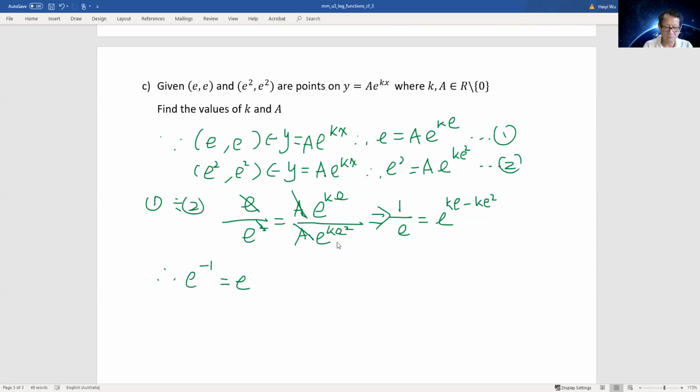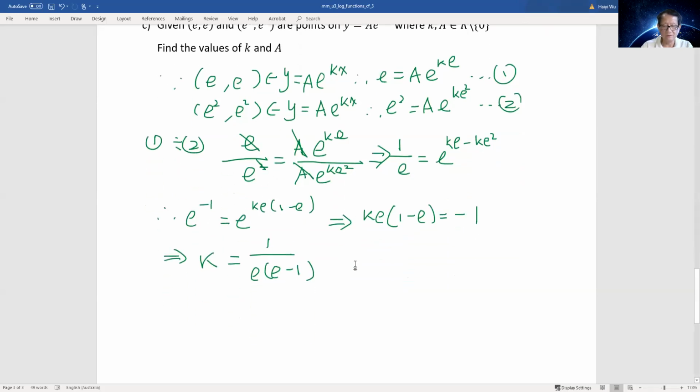I'm going to take a common factor out, so the top number should be the same. So K(e - e squared) equals -1. Therefore, our K is found, which is 1 divided by e minus 1. So this is our K.